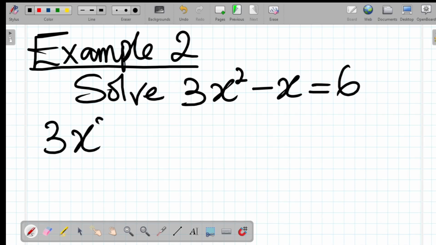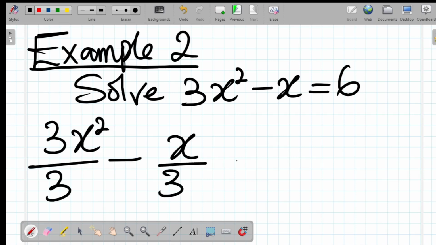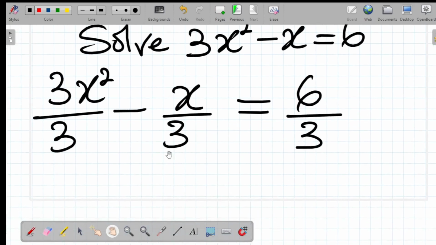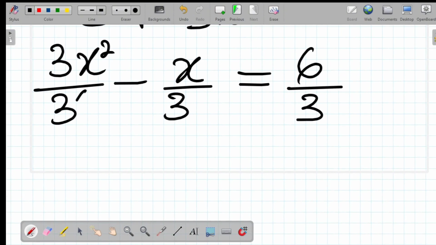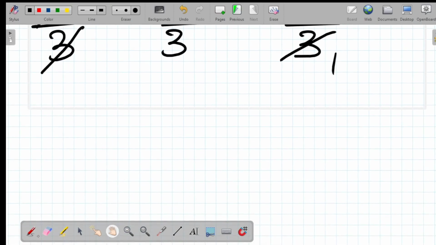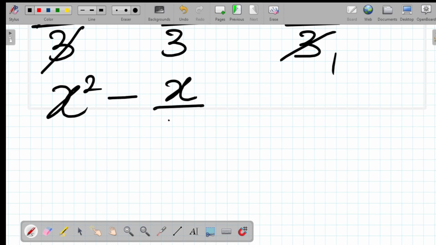So 3x squared divided by 3 minus x divided by 3 equal to 6 divided by 3. 3 cancels 3. And then 3 into itself is 1. 3 into 6, you're left with 2. So here we have x squared minus x all over 3 is equal to 2.